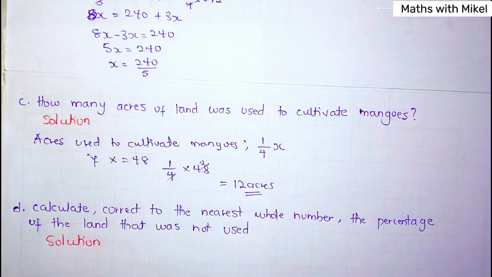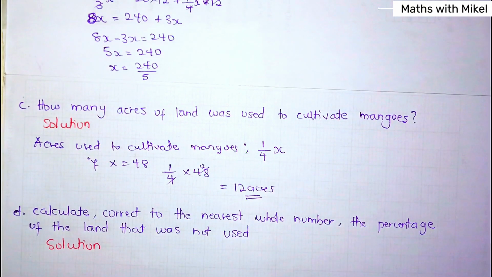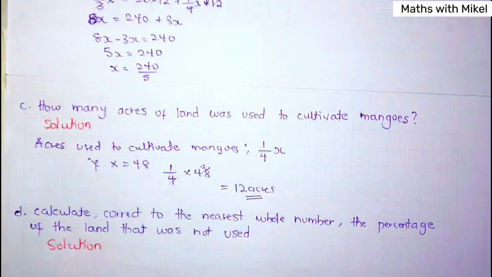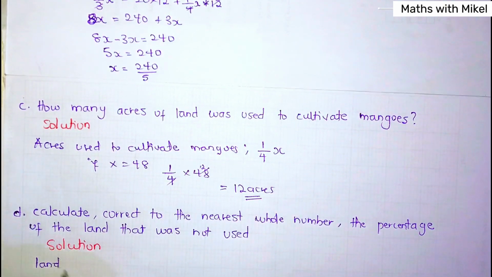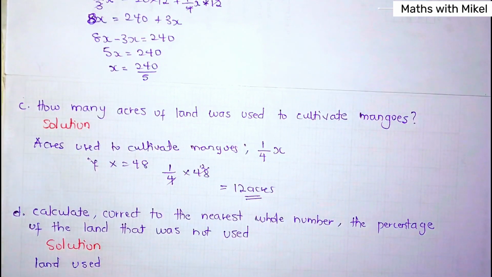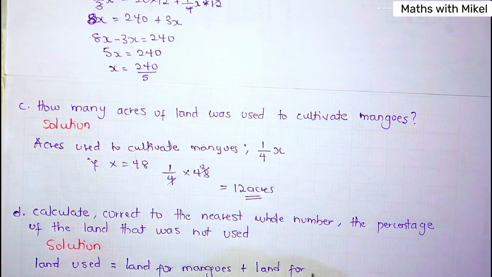The last part, which is the D, says calculate correct to the nearest whole number the percentage of land that was not used. So for us to get the portion of land that was not used, you have to know the one that was used before. So the land used is going to be land for mangoes plus land for oranges.